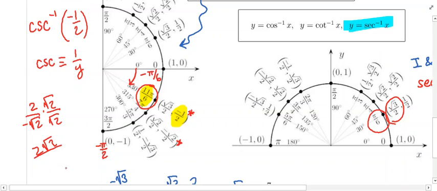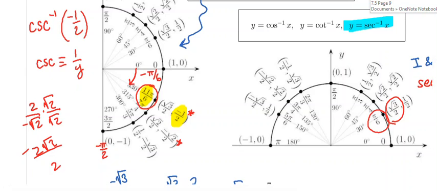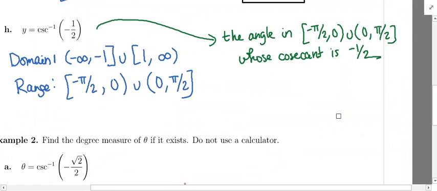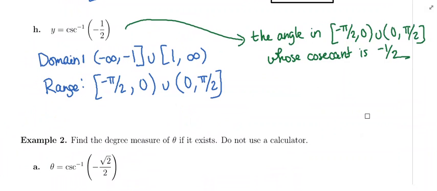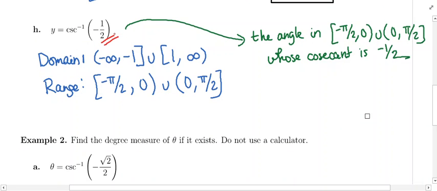So we have to ask ourselves, is it some other angle that is not on the unit circle? Do we need to use our calculator? What's the deal here? You do also need to check the domain. Is negative 1/2 a valid input to the cosecant inverse? The valid inputs are numbers negative 1 or smaller, or numbers 1 or bigger. Negative 1/2 is in between negative 1 and positive 1, so it's actually not in the domain.